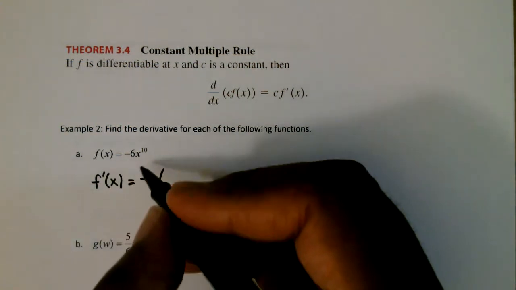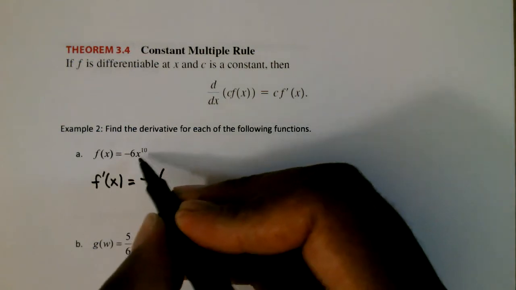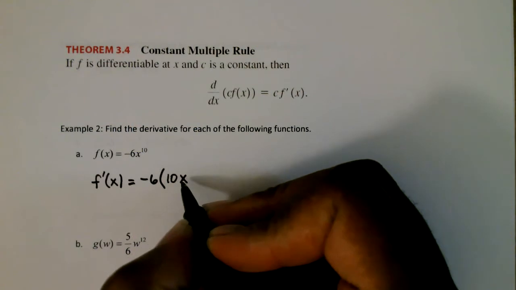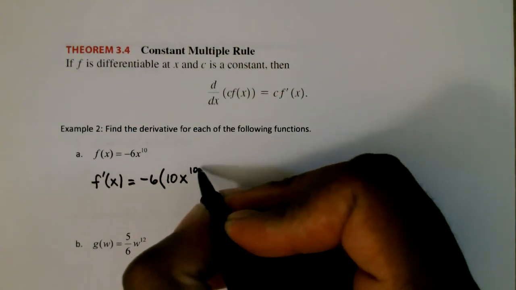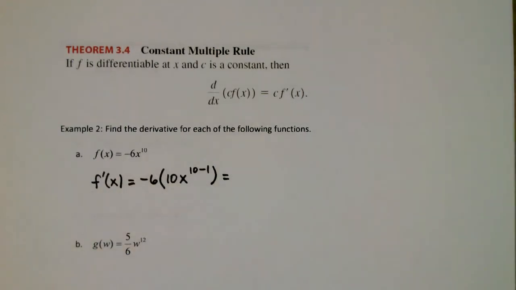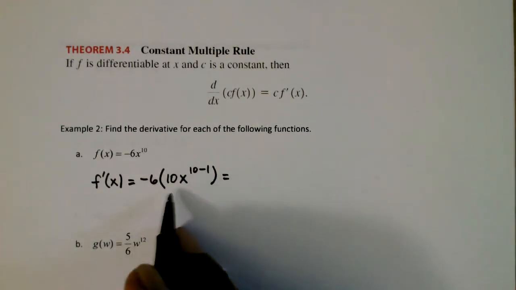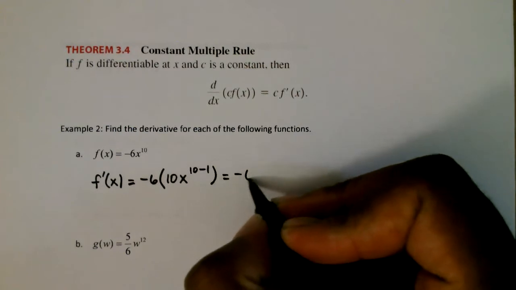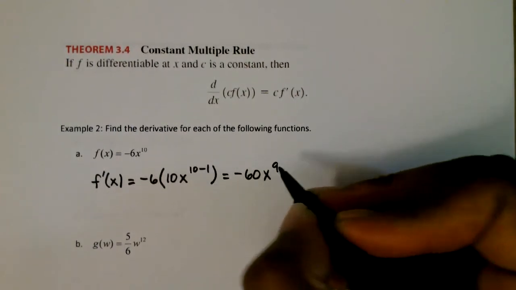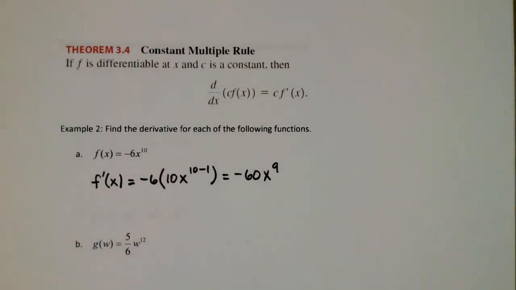What I'm going to do here for the derivative of x to the 10th, I'll bring down the exponent of 10 in front of the x, copy the x over. That will be to the 10 minus 1 power. And if I simplify this, this will be negative 6 times 10, which is negative 60. And then x to the 10 minus 1 will be 9. So the derivative of negative 6x to the 10th will be negative 60x to the 9th.